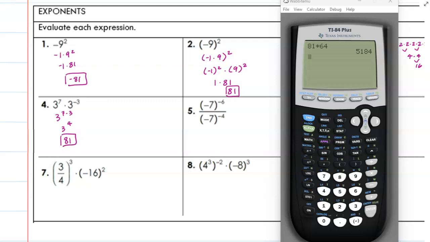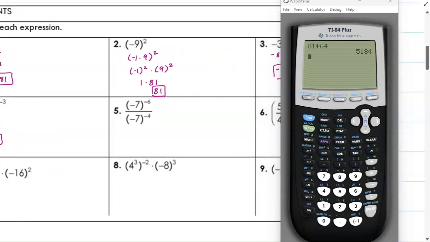Okay, right here, same bases. I could just subtract the 2, or I could actually move this entire number up and make that exponent positive, times negative 7 plus 4.